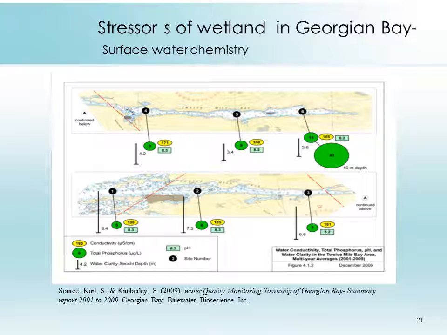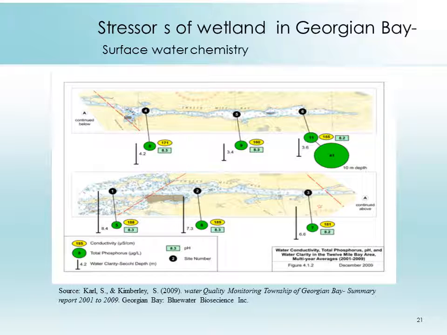And here the photo gives us some data about the 12 Mile Bay water quality. The green means the total phosphorus level, the yellow is the conductivity, and the blue is the pH value.